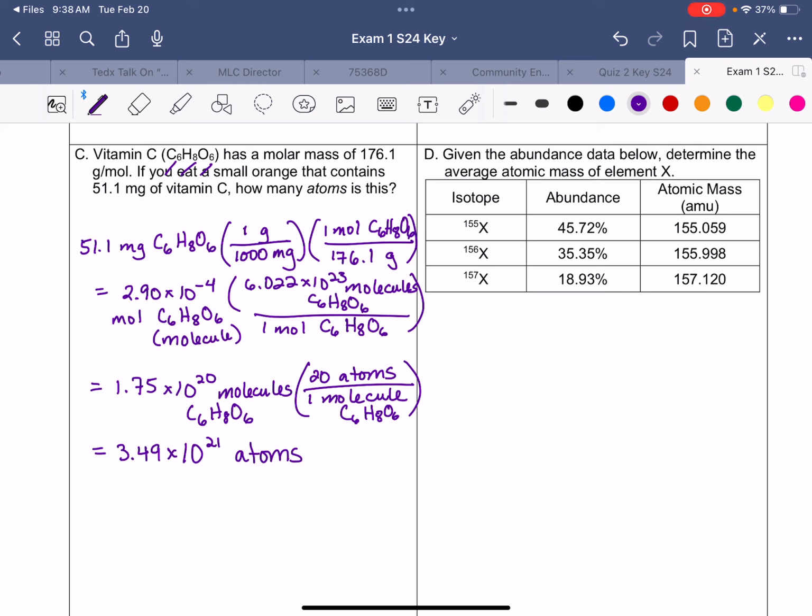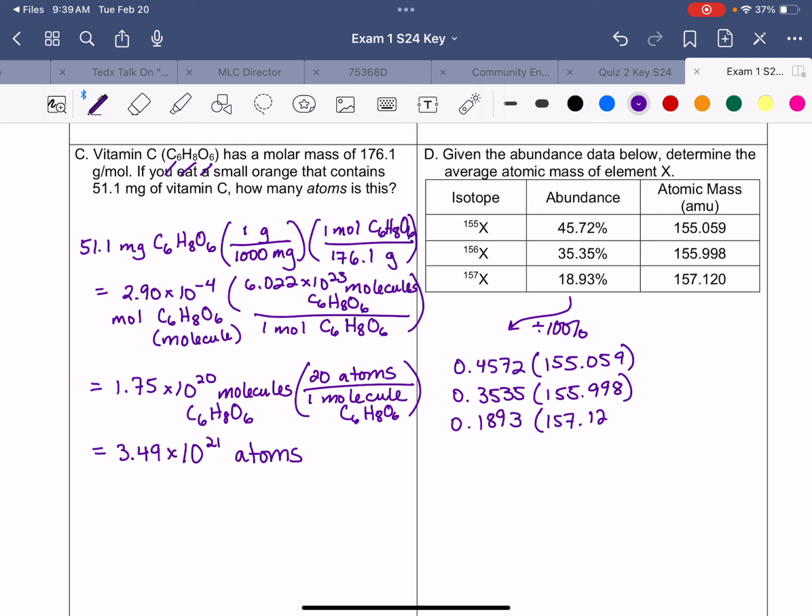This is where we take our abundance and we divide it by 100%, and that gives us the fractions 0.4572, 0.3535, 0.1893, and we multiply each by the atomic mass for each isotope, very similar to how we did in our practice problems and how we did on one of our quizzes.